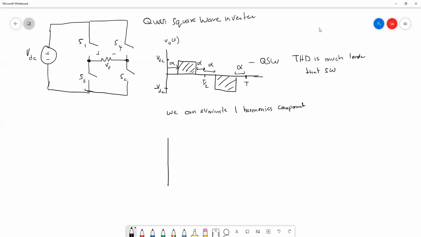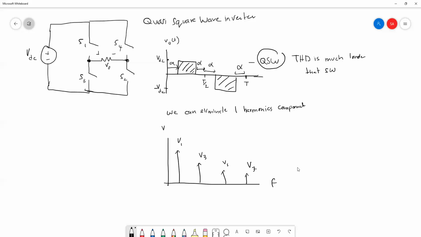For example, if we have a square wave voltage versus frequency, we have this V1 and we have this spectrum V3, V5 and V7. By using quasi square wave, we can eliminate these harmonics V3, V5, V7, V9 and so on, but only one harmonic will be eliminated.